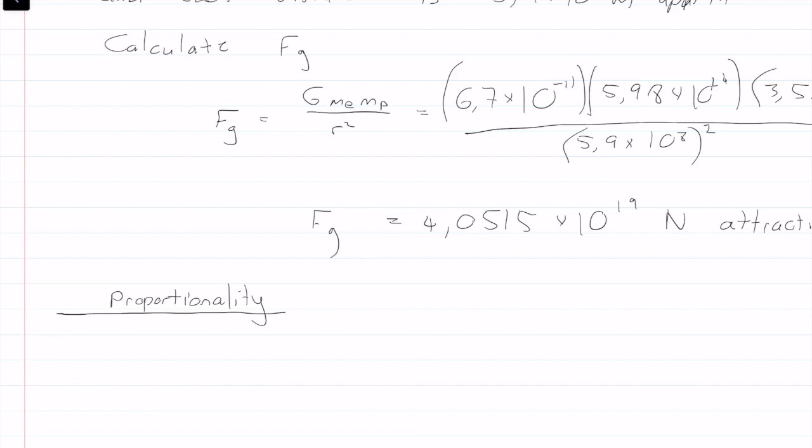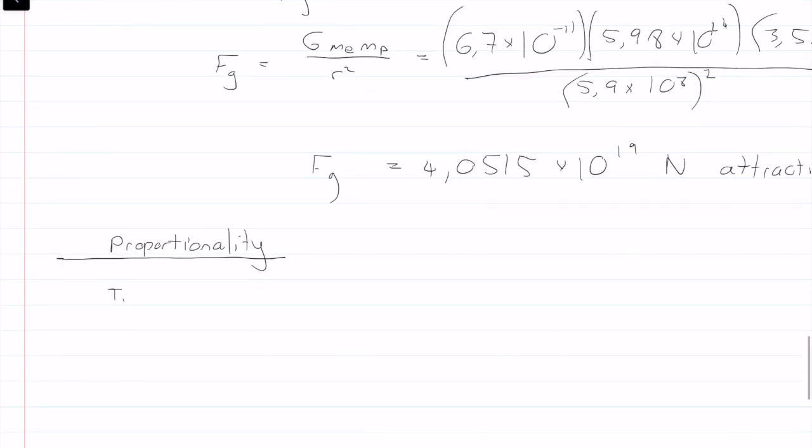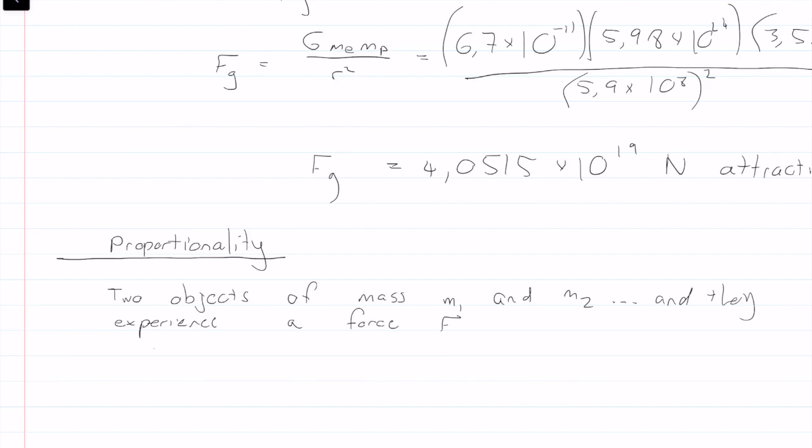Okay, so let's say we have two objects of mass m1 and m2, and they experience a gravitational force F when their center distance is a distance of, let's say, r meters.